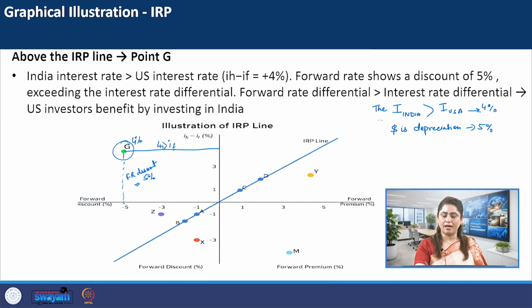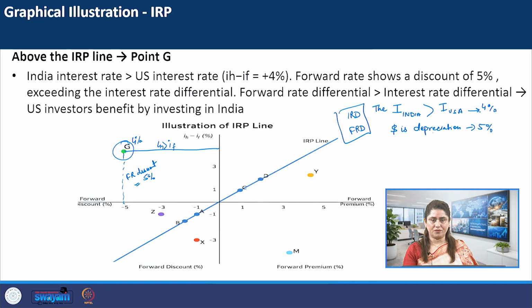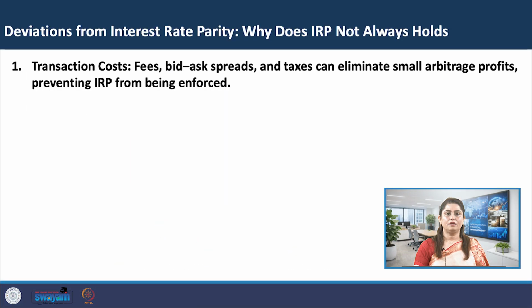So whether it is IRD, that is interest rate differential, or FRD, that is forward rate differential, both are going against the investment in USA. So it is better to invest in the home country. So we can say that the points which are lying below this IRP line suggest that we should invest in the foreign country, while the points which are lying above the IRP line suggest that we should invest in the home country.